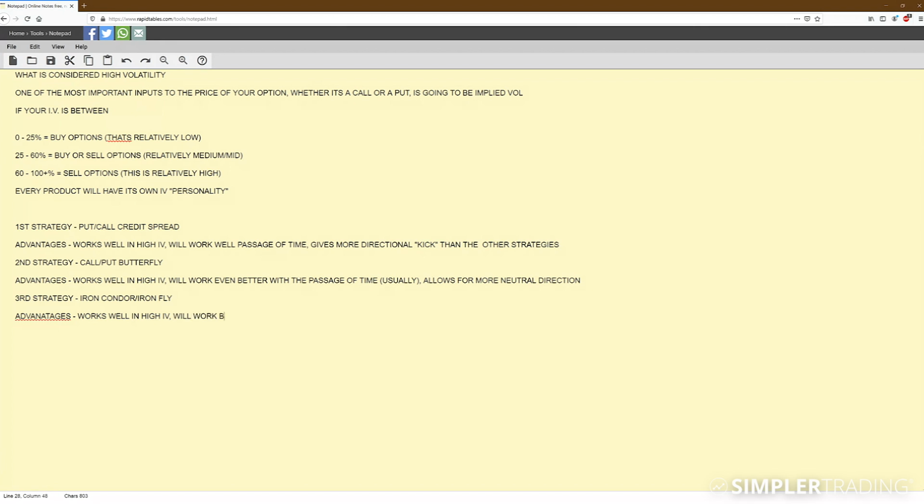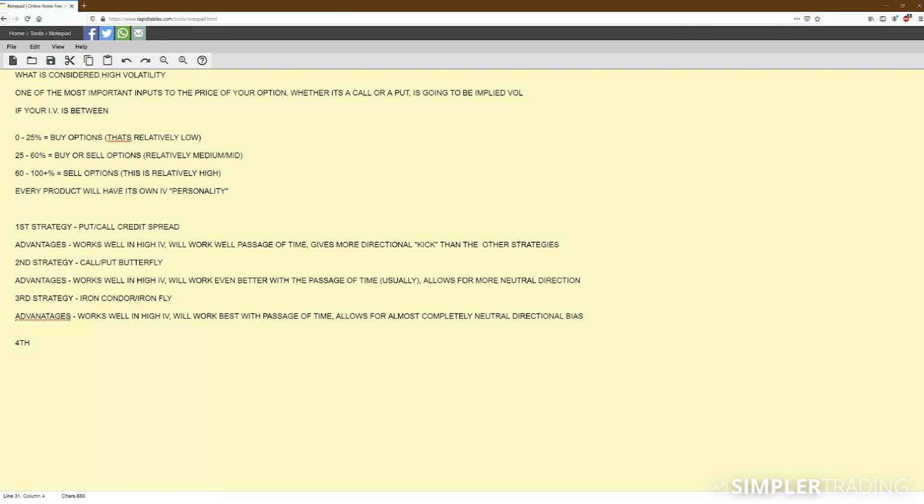Will work best with passage of time, and allows for almost completely neutral directional bias, if you set it up correctly. Right. So you see how all these trade strategies are basically very similar. They just will give you a little bit more kick in terms of direction.